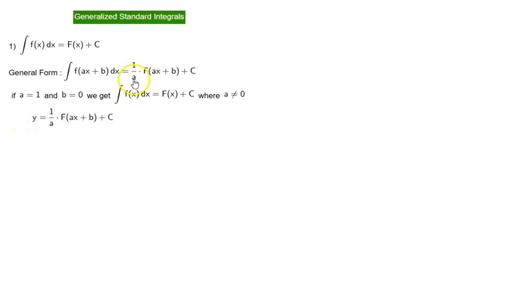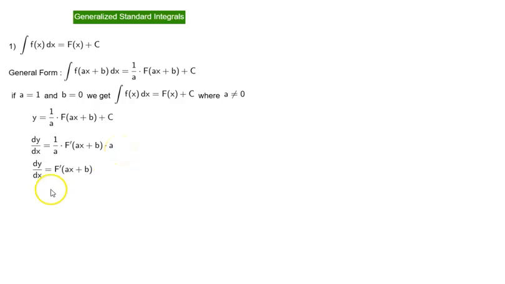Let y be the result of the integration, 1 by a times capital F of ax plus b plus c. Differentiating it, we get dy by dx is equal to 1 by a times capital F prime of ax plus b times the derivative of ax plus b, which is a.